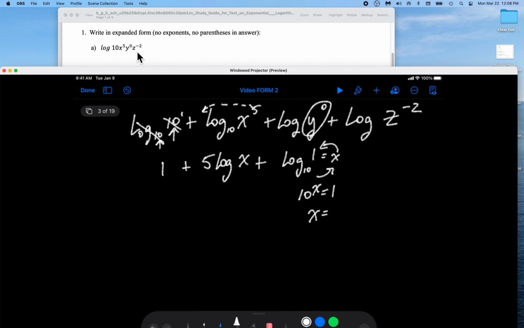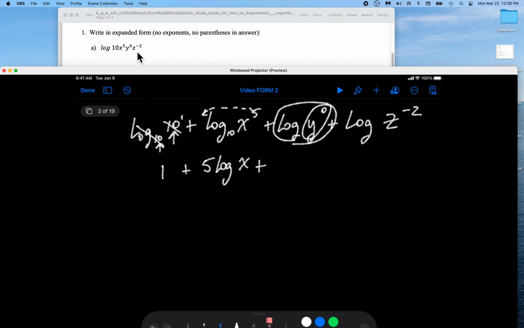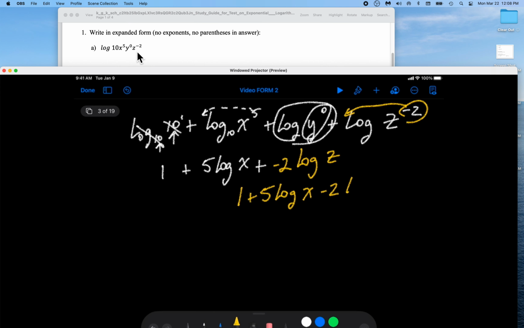Therefore, x would have to equal 0. So this entire term translates to 0. So I'm going to go ahead and erase any evidence thereof. And then finally, we have this minus 2 that can be brought out. So our final answer is going to be 5 log x minus 2 log z.